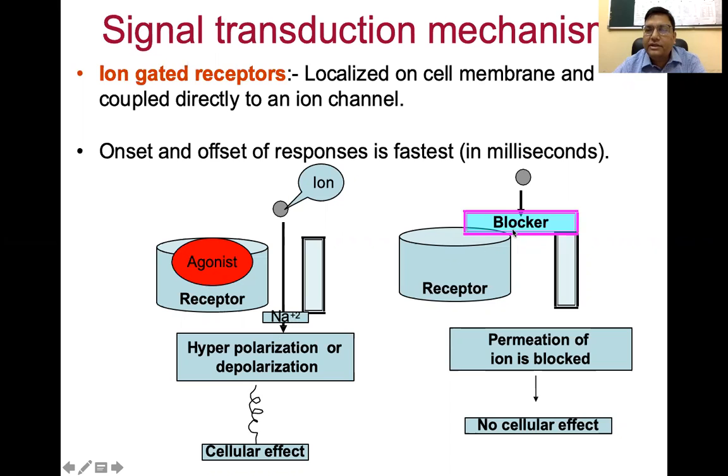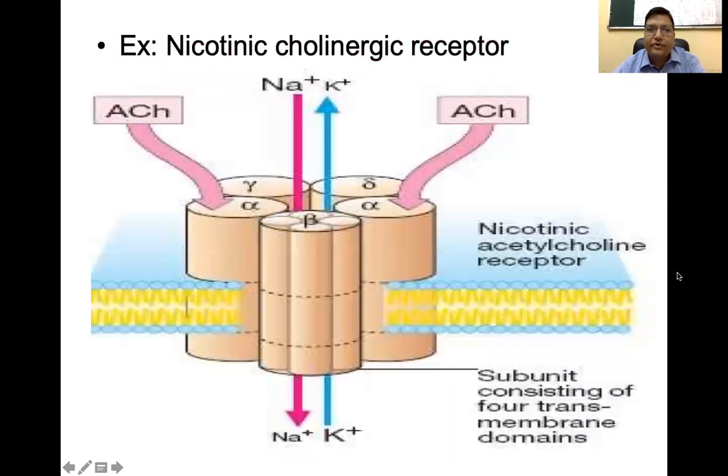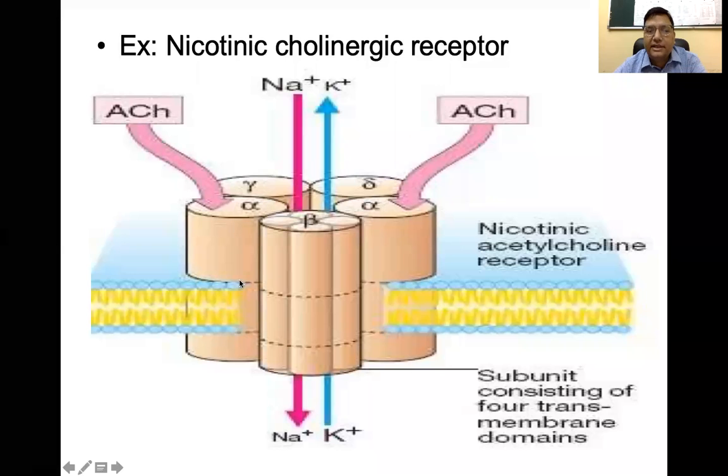While if an antagonist is given, it will block the influx of the ion, so permeation of ion is blocked, so no cellular effect will come. So this is the example of the ion-gated receptors. Example, I have shown the nicotinic cholinergic receptors. Here, two molecules of acetylcholine bind and produce conformational changes in these receptors, leading to the influx of sodium and efflux of potassium.